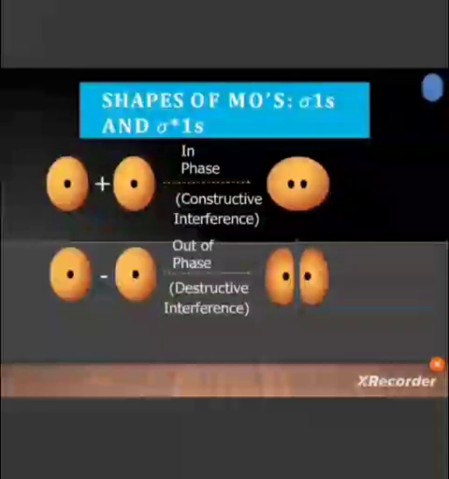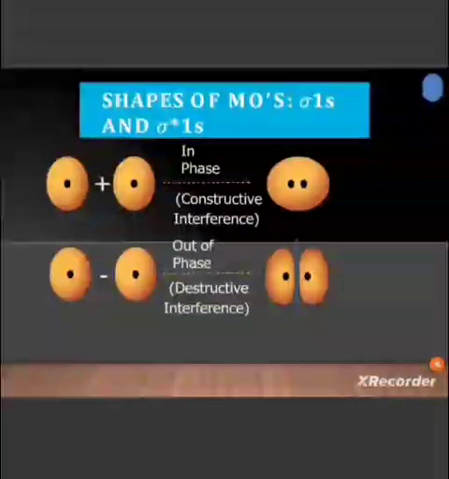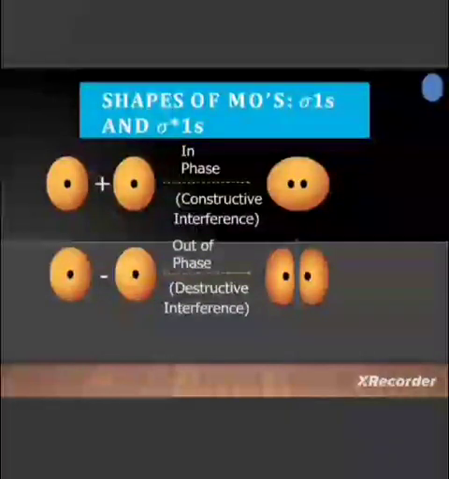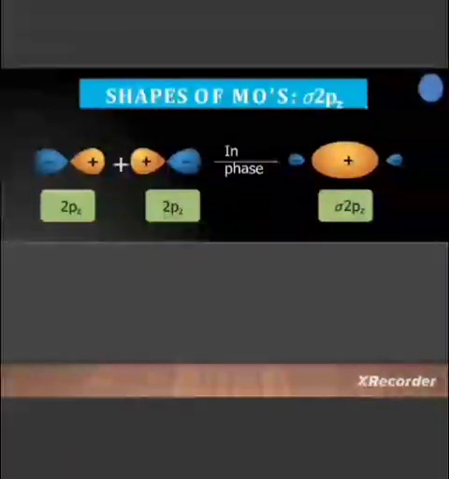Now, these are the pictures of the various shapes of sigma 1s and sigma star 1s, which are formed by constructive or destructive interference. These are the shapes of sigma 2pz, which is formed by the combination of 2pz atomic orbitals which are in phase.